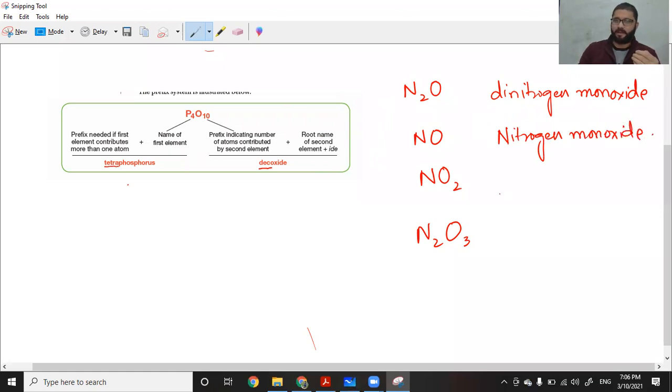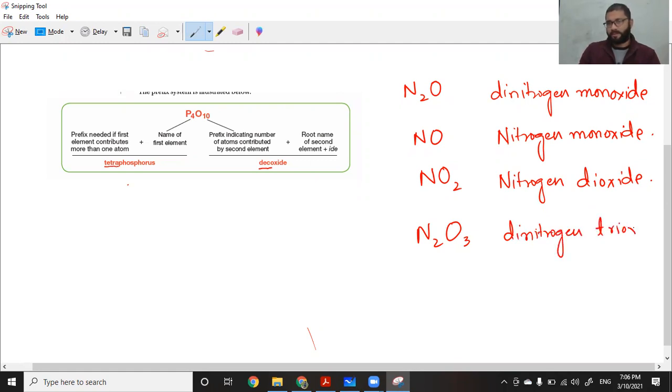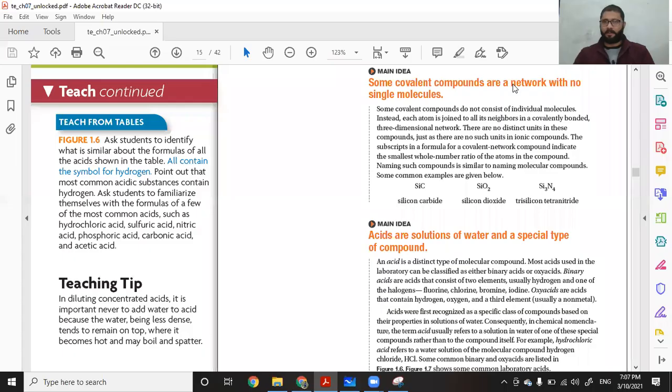Only 1 oxygen is there. For this third one, it would be nitrogen dioxide. 2 oxygens are there. For the next one, the name would be dinitrogen trioxide.